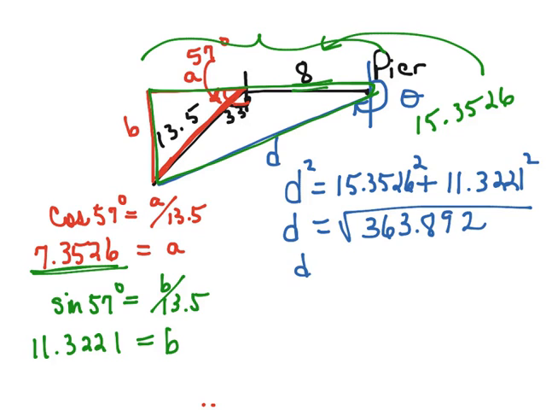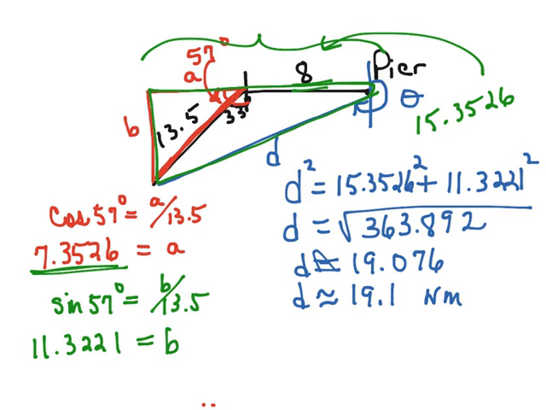And we come up with D is 19.076. So our distance is approximately 19.1 nautical miles. Okay, so next we want to find our bearing.